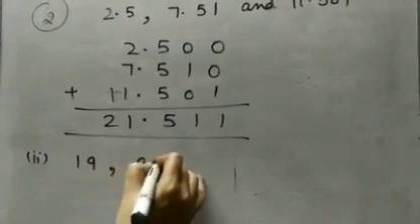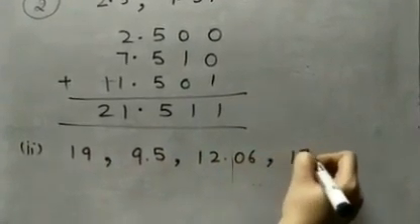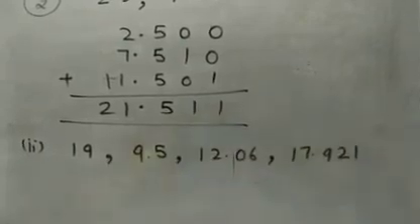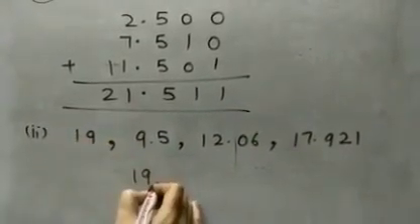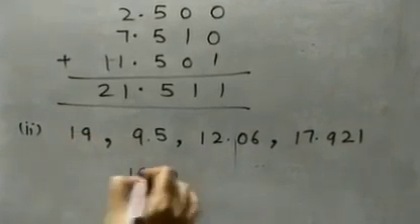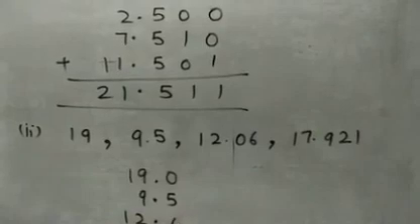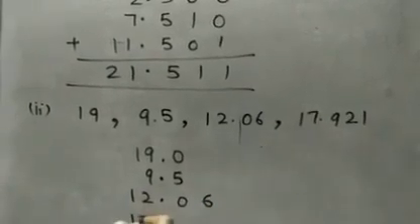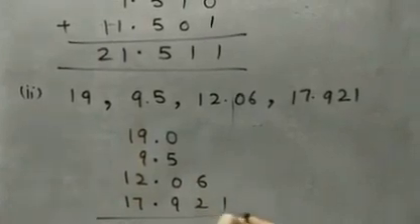9.5, 12.06, 17.921. Again we have to arrange the numbers. If there is no decimal in the number, it is always at the end of the number. 9.5, 12.06. We have to keep this thing in our mind, that the decimal has to be placed below the decimal.